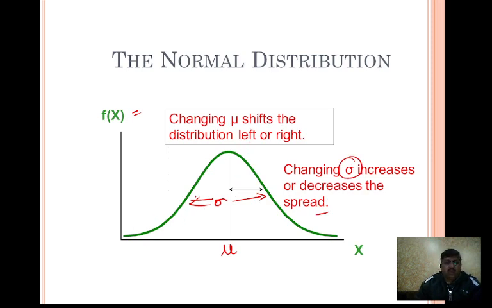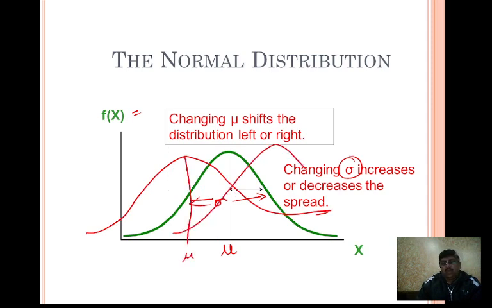Suppose you shift mu to the left-hand side, you might have a graph like this, with mu somewhere here. Similarly you can shift mu here and your curve will move like this. So changing mu shifts the distribution left or right, and sigma changes the spread.